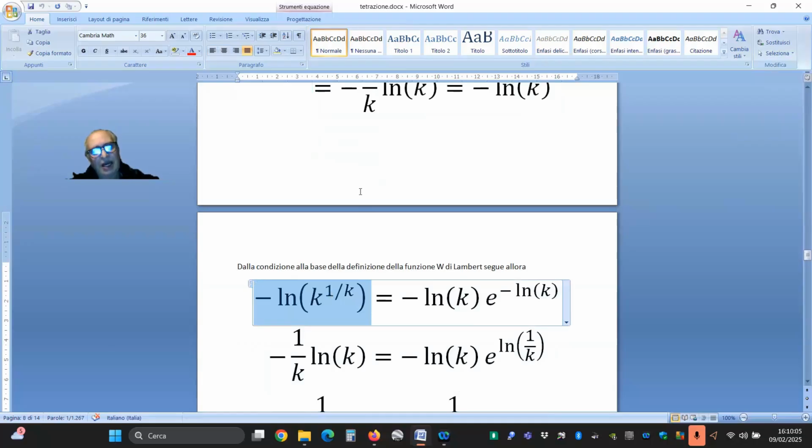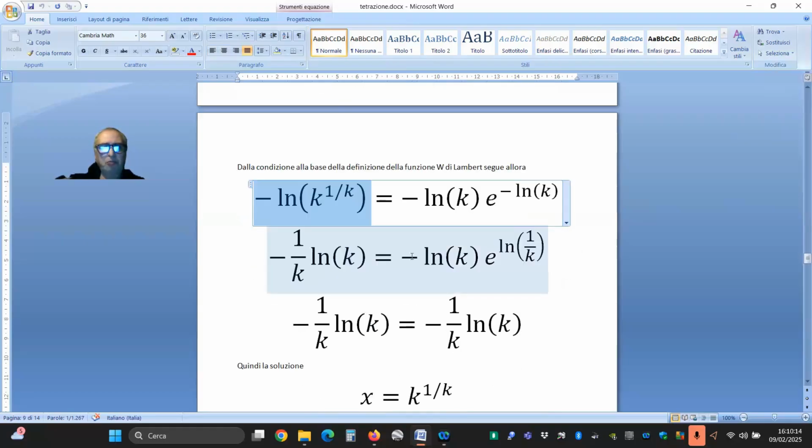So the Lambert function is useful to us both going there and coming back, in two different ways. We've reached this point and we get what? Using the rules of logarithms, we pull out negative 1 over k and put it as a multiplier. On this side, e raised to the power of negative 1 over k becomes negative 1 over k.